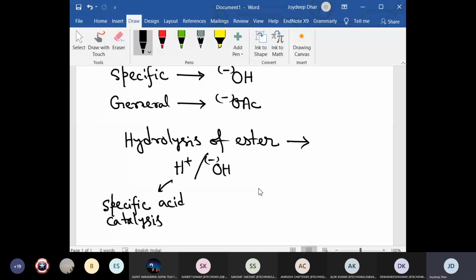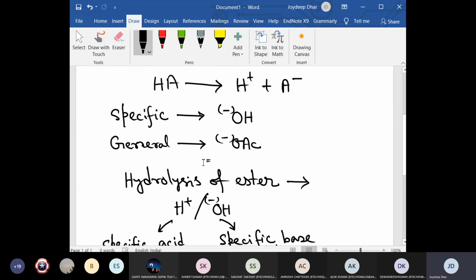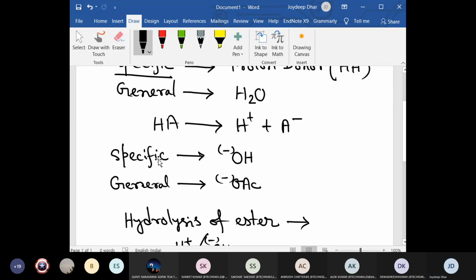And if you are using a base such as sodium hydroxide or potassium hydroxide to hydrolyze, then that reaction will be known as specific base catalysis. So it is either H plus or OH minus. You can see ethyl acetate and acetic acid. Like that you can have specific catalysis.